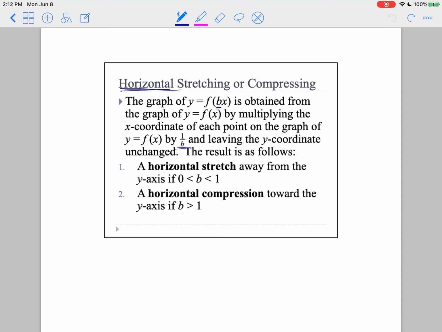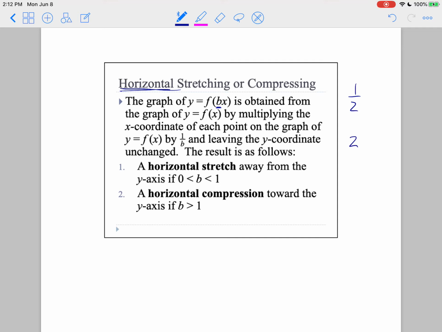And so just like normal, if you're inside the function, it affects horizontal movements, and it's the opposite of what you see is what you get. So if I had a 1/2 on the inside of a function, I would actually multiply all of my horizontal movements by 2. And if I had a 2 inside the function, I would actually multiply all my horizontal movements by 1/2.